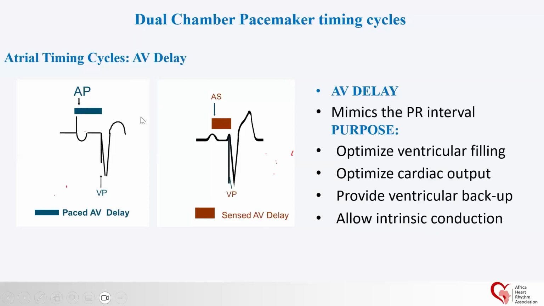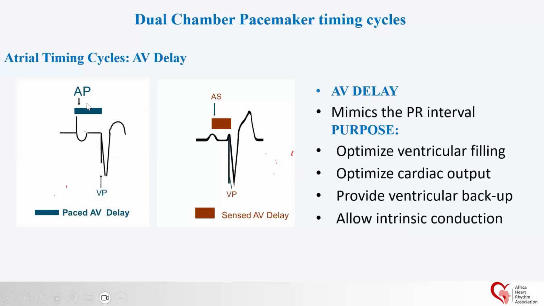That means when we have an atrial event, we need to wait, to allow the ventricle to fill and to improve the cardiac output, and to try to tolerate the intrinsic conduction.